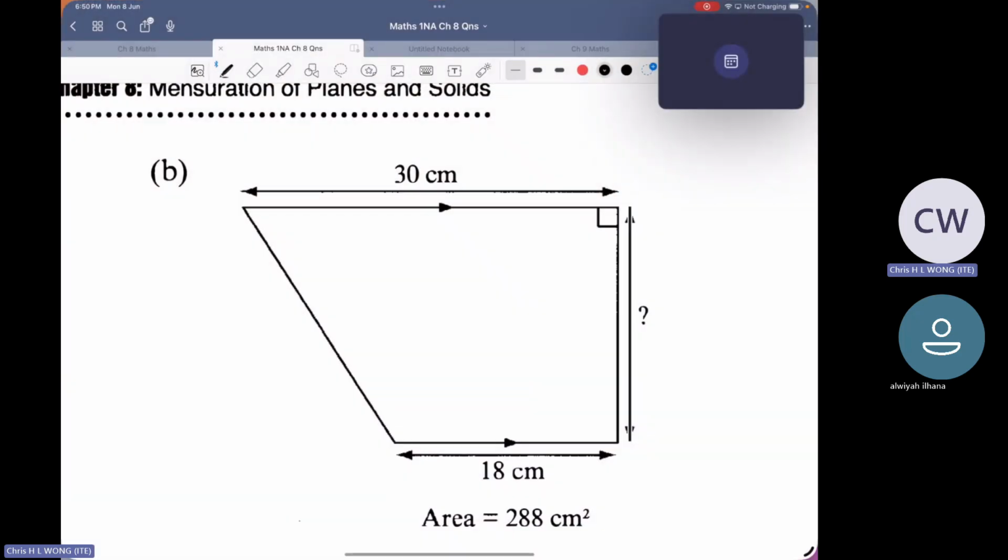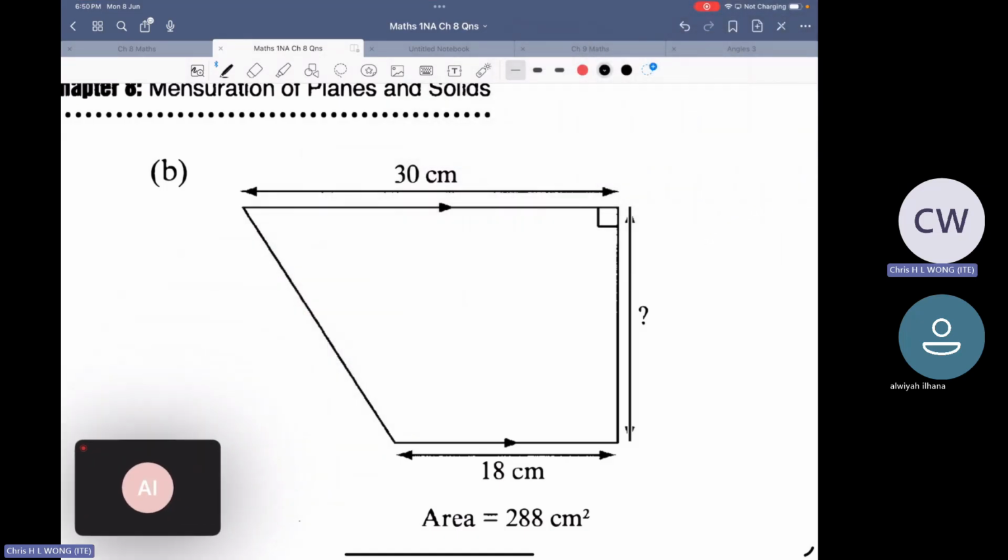Okay. Let's go back to this again. Okay. Let's start. You have to identify this is a trapezium, right?